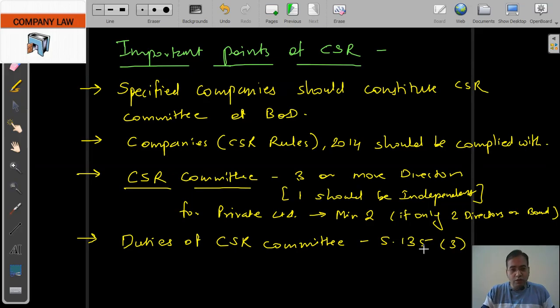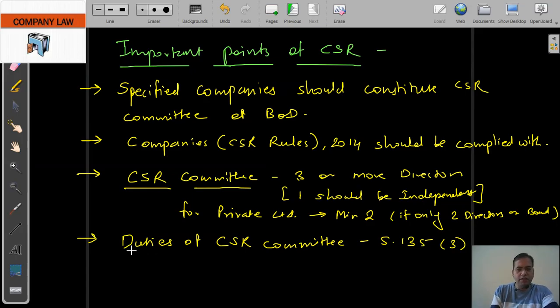Then how the monitoring of the projects should be done. It does not include activities undertaken in the normal course of business; that is a prohibition. We can just give a few pointers over here.